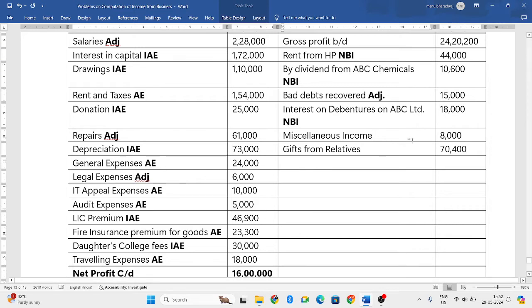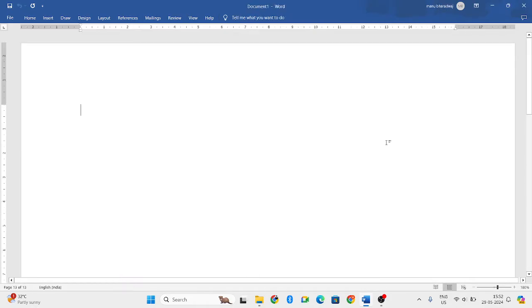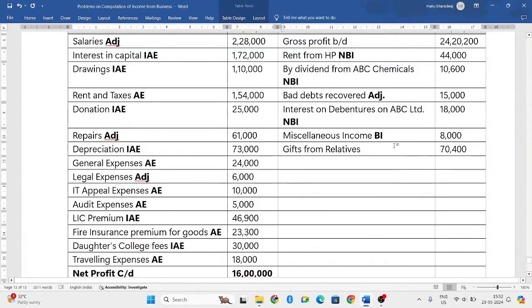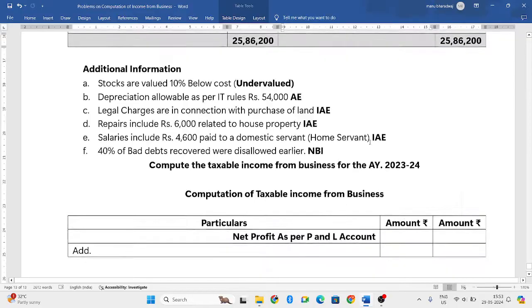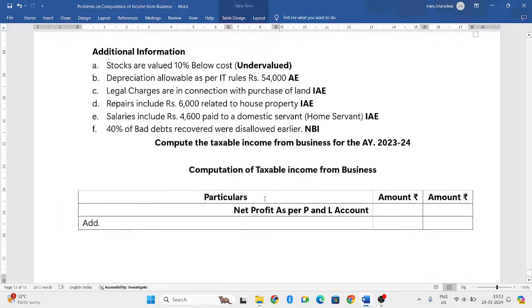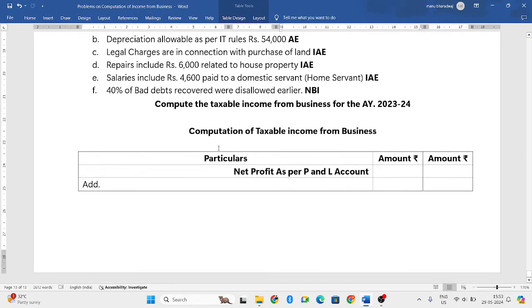Miscellaneous income is a business income. Miscellaneous means small incomes that come in, that is considered as business income. Next, gifts from relatives. Any gifts are considered as non-business income.